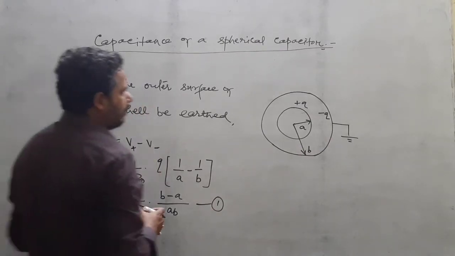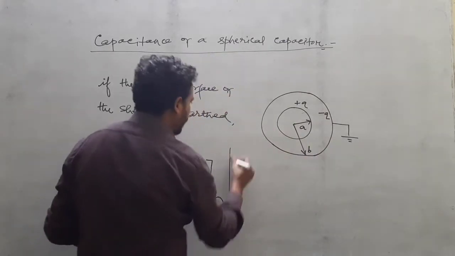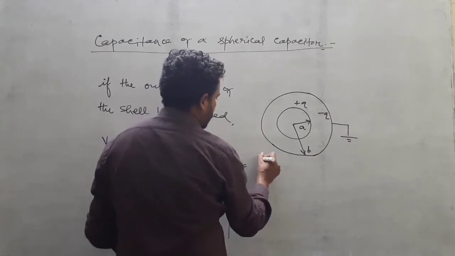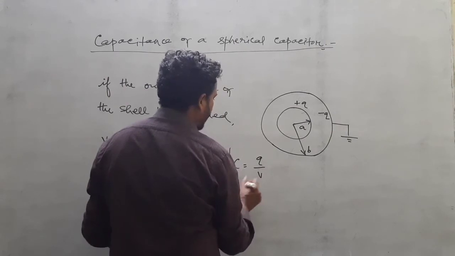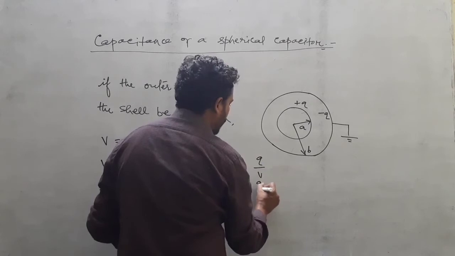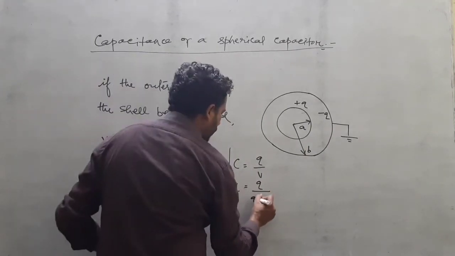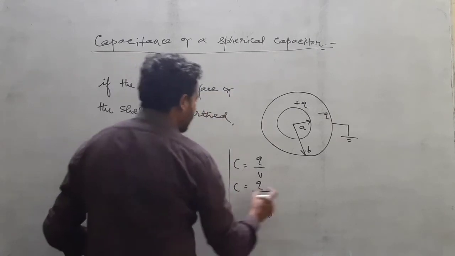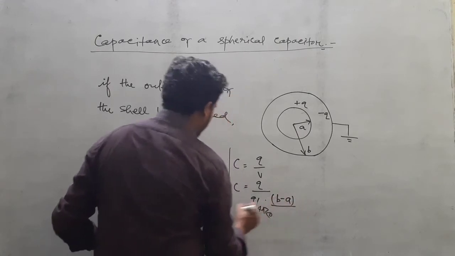Now finally you have to find the capacitance. You know the capacitance C is q by V. So put the value of V from equation 1: q divided by q by 4 pi epsilon naught (b minus a) divided by ab.